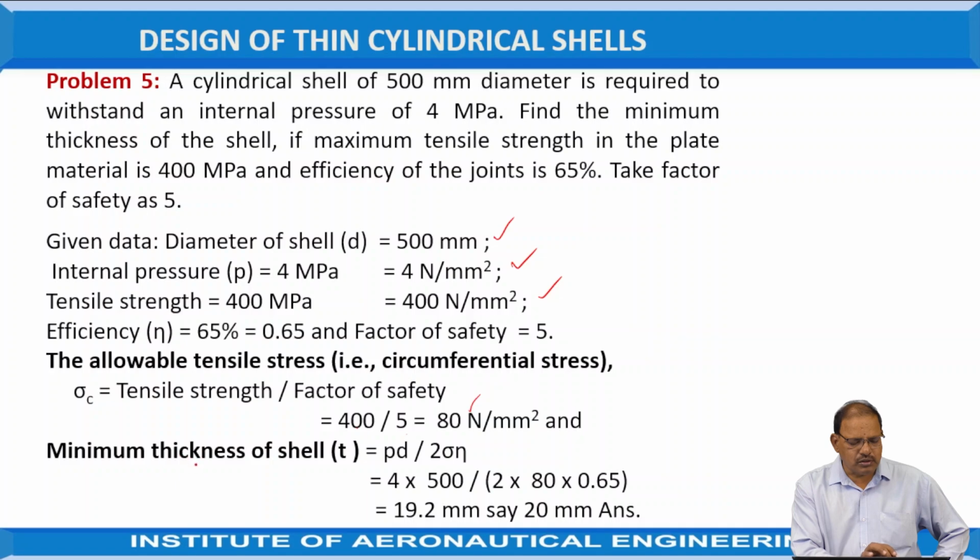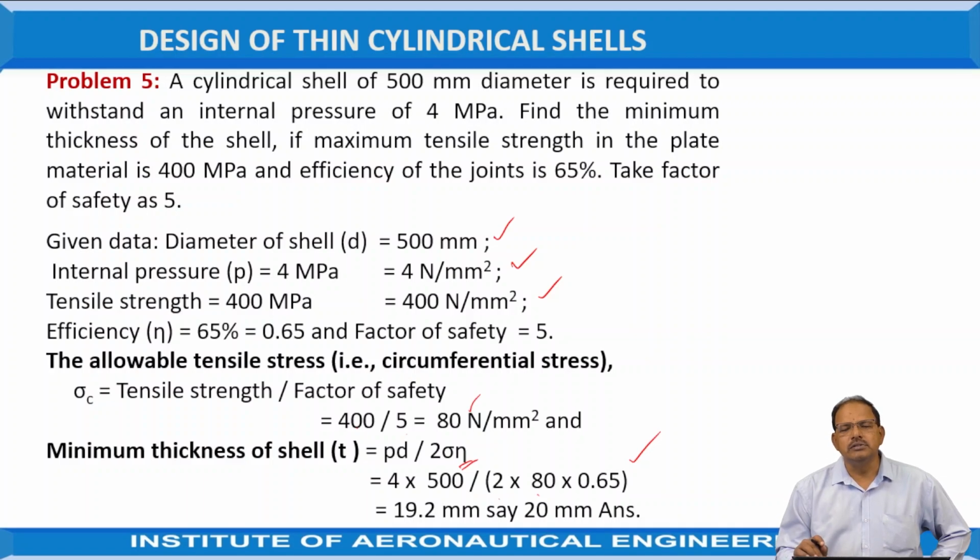So the minimum thickness of the shell is given by PD by 2 into sigma, multiplied by the efficiency of the joint, which we also have to consider. From this relation we get 4 into 500 divided by 2 into 80 into 0.65, which gives 19.2 mm. That is nothing but 20 mm, which we have to consider.